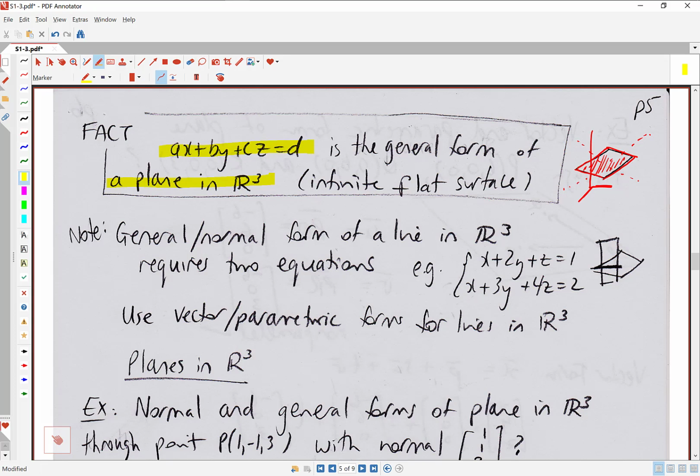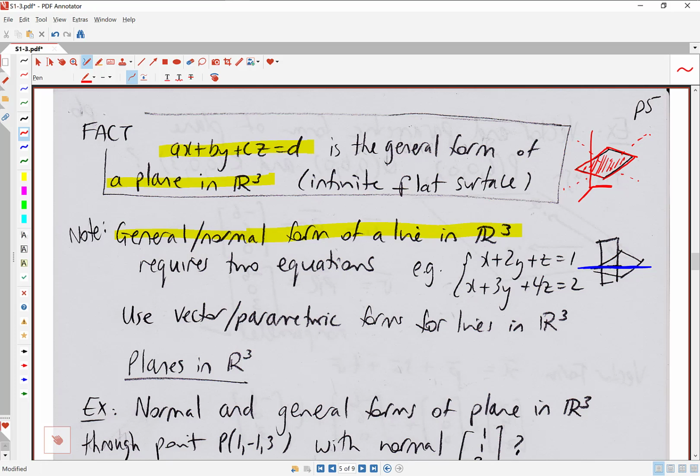So if we were to try to talk about the general or normal form of a line in R3, it would get very messy, because geometrically what a line in R3 is, let's say this is our line in R3, is the intersection of 2 planes.